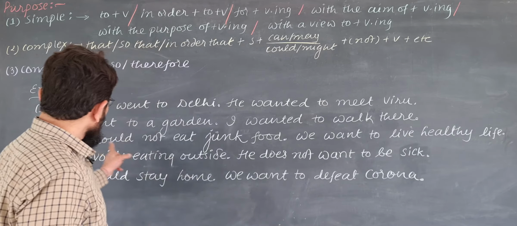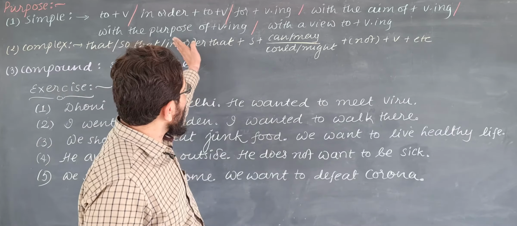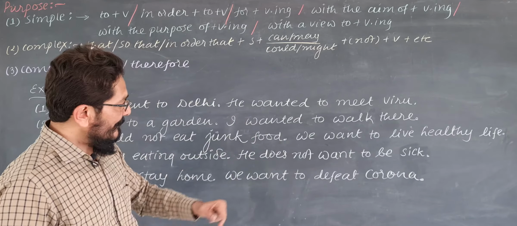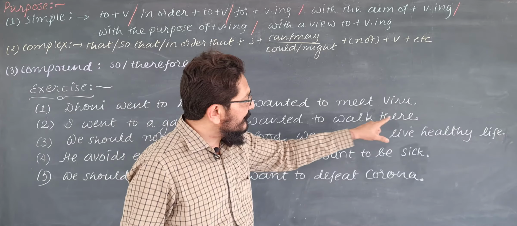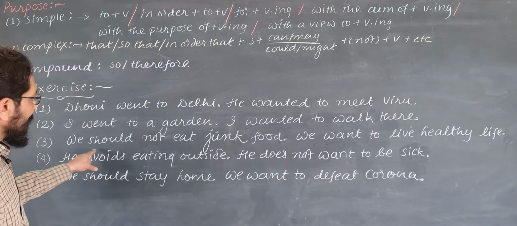Complex: We should not eat junk food so that we can live a healthy life. Compound: We want to live a healthy life, so we should not eat junk food.